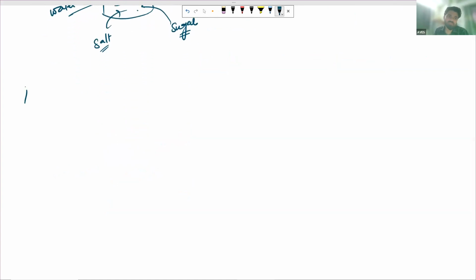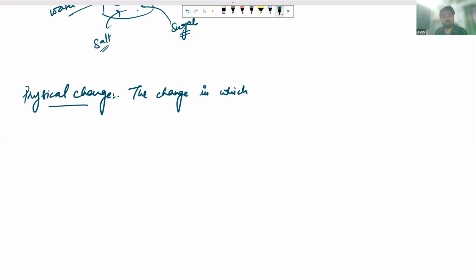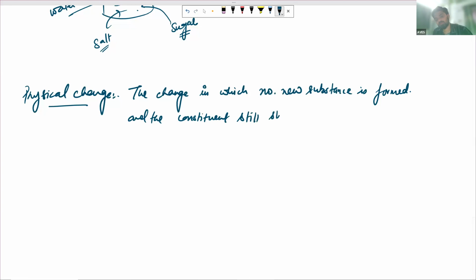So what is physical change? Physical change: the change in which no new substance is formed, and the constituents still show their property.